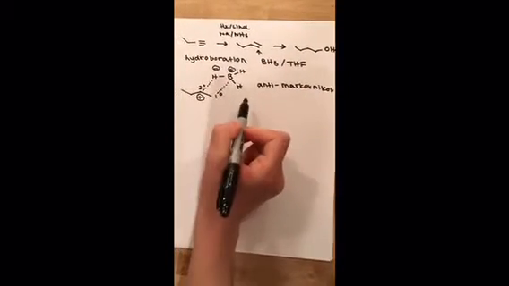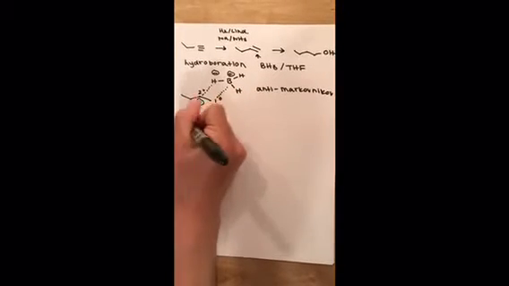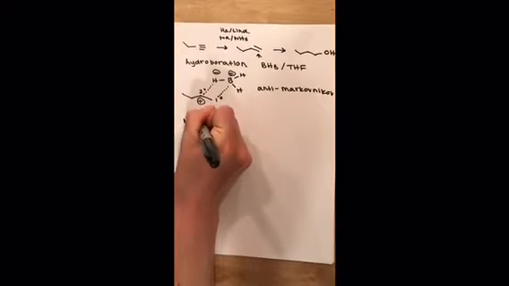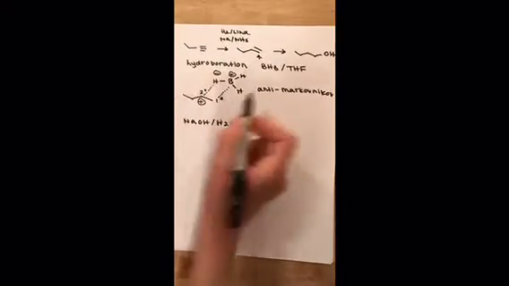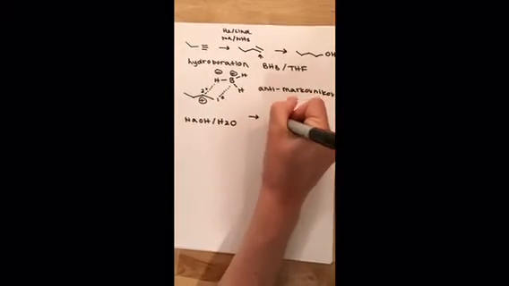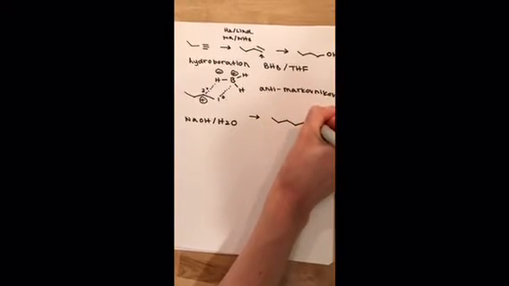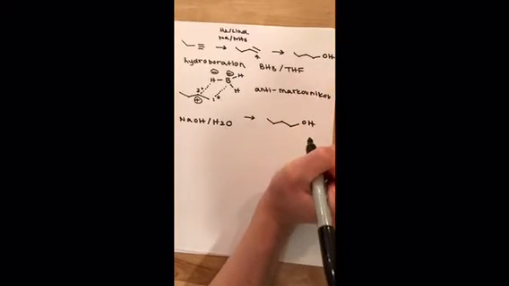After this step, we're then able to oxidize the compound using NaOH and H2O. This would then yield a primary alcohol, which is what we want.